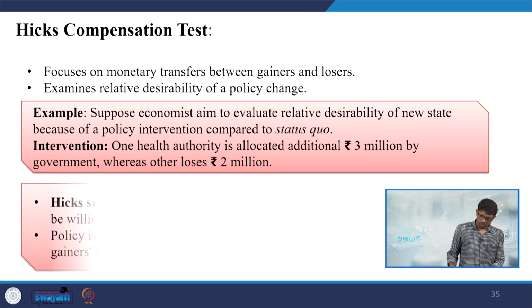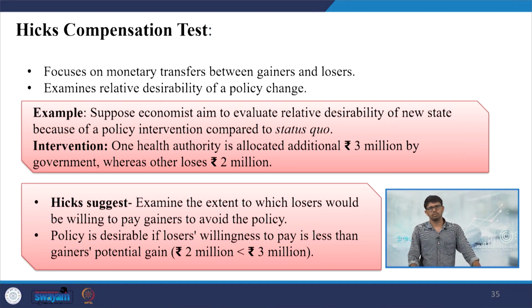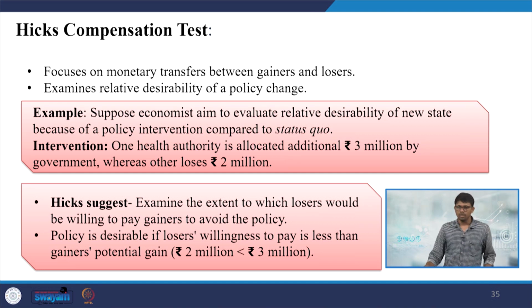So, the best possible way Hicks suggested is to consider the extent to which the losers would be willing to pay gainers to avoid the policy. Since the authority, that is the gainer, is allocated 3 million rupees, the gainer might be in a position to go by the government's policies where the allocation is made. A loser might give a bribe to the extent of, say, 2 million.